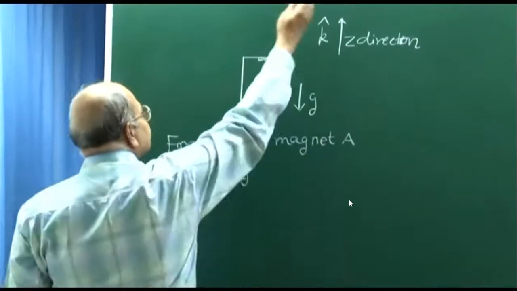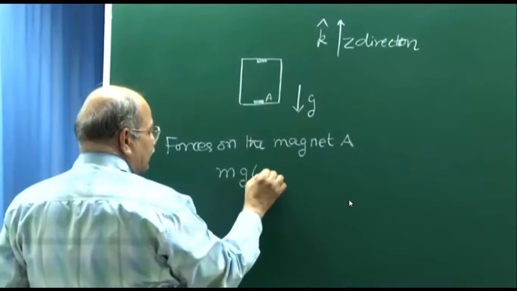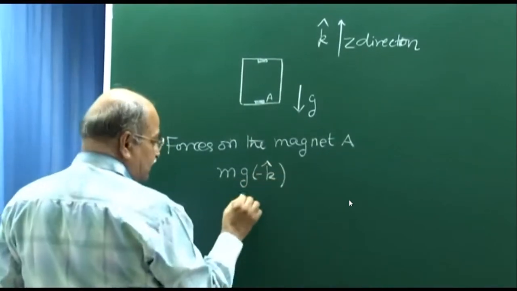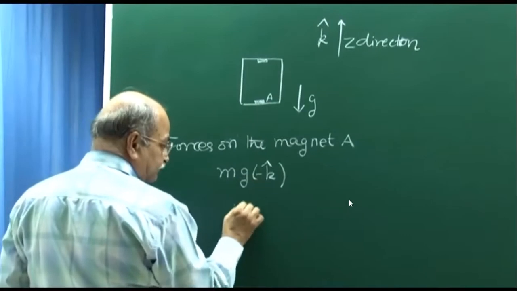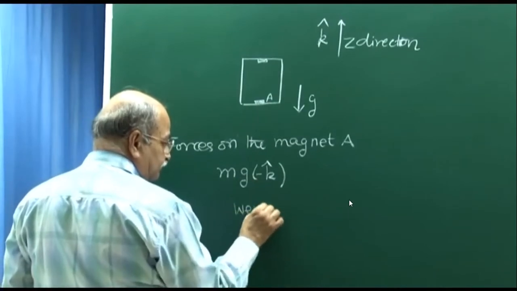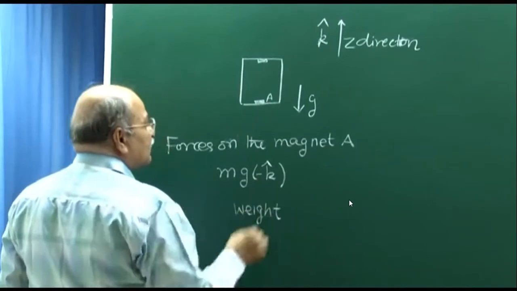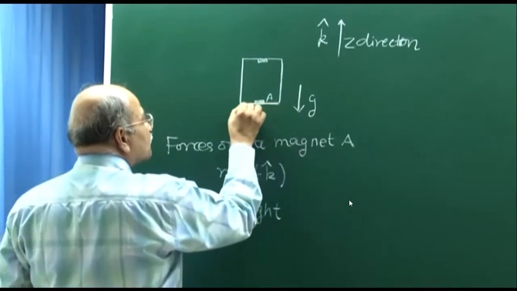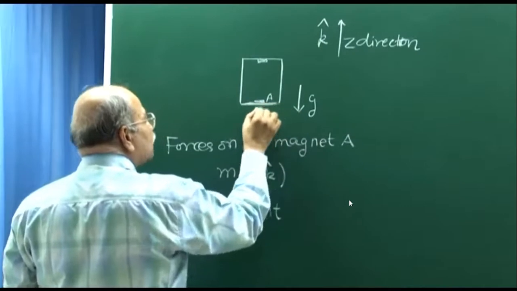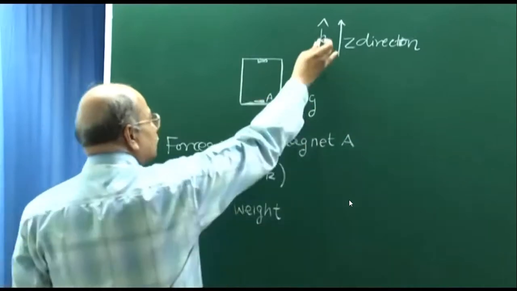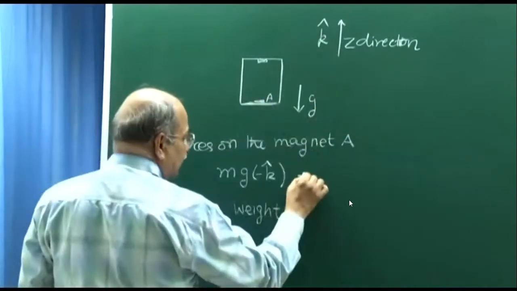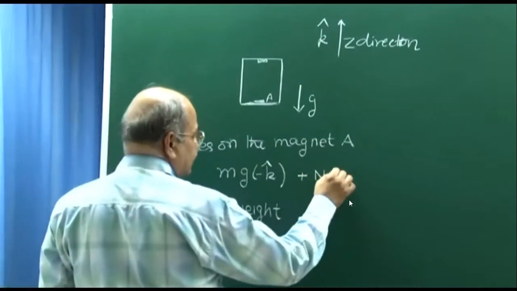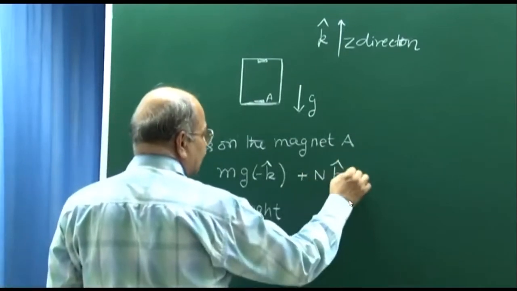We have taken the z direction upward, so minus mg k cap. This is the weight. Then I have the normal reaction force from the bottom, that force will be in the upward direction. So, you can write that as N k cap, upward.